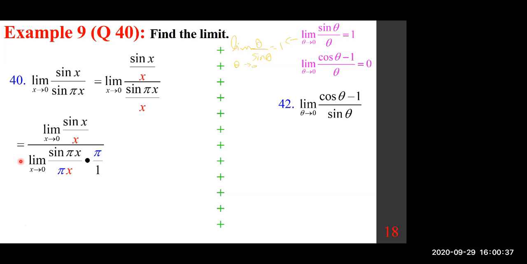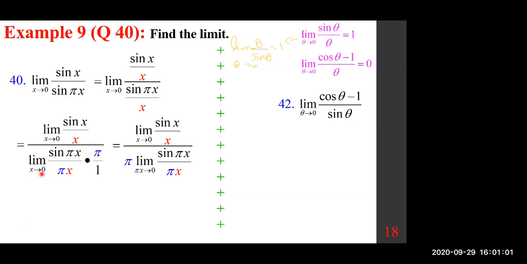Now pay attention to what happens. First, the numerator is unchanged. And look at this: x, x, x. Now look at this one. The pi came out and sits in front. Pi x, pi x. Now this one wasn't pi x, but it was x. Can I change it to pi x? Yes. How?